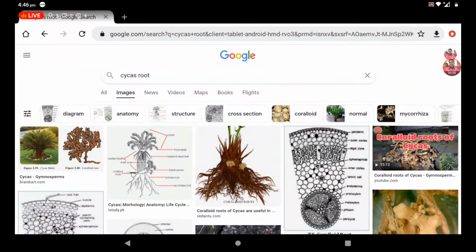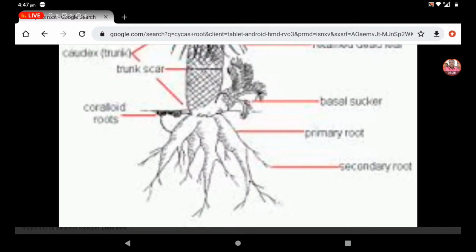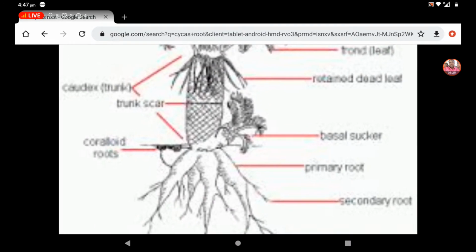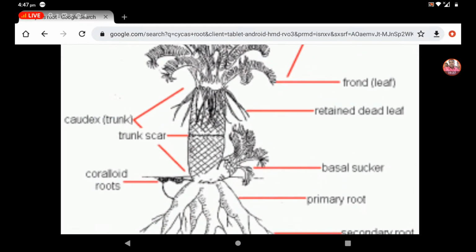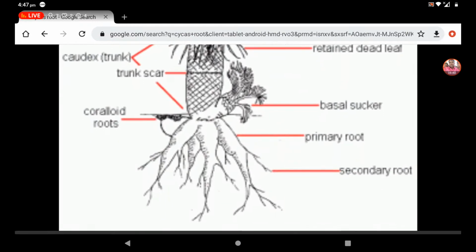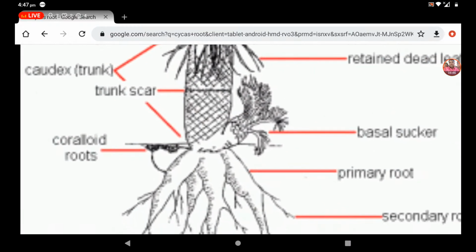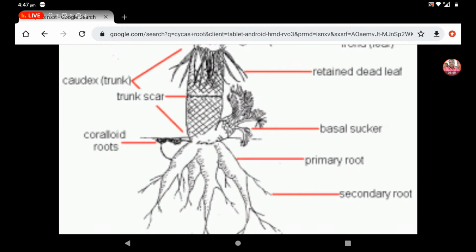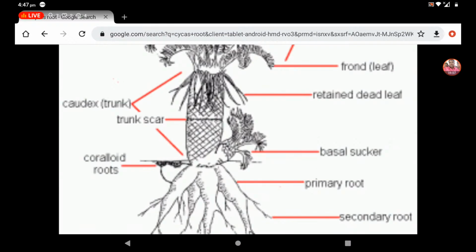It also consists of coralloid roots, which are special in cycas. All gymnosperms have the taproot system, with primary, secondary and tertiary roots branching. In cycas, coralloid roots also develop, which grow vertically upwards, apogeotropically, against gravity.